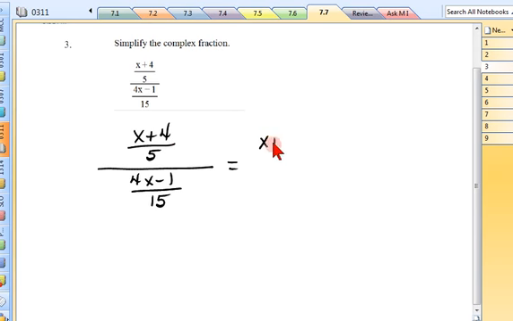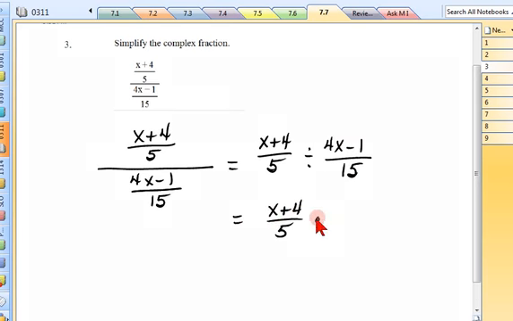So I'll keep x plus 4 over 5 divided by 4x minus 1 over 15. That turns into x plus 4 over 5 times 15 over 4x minus 1.